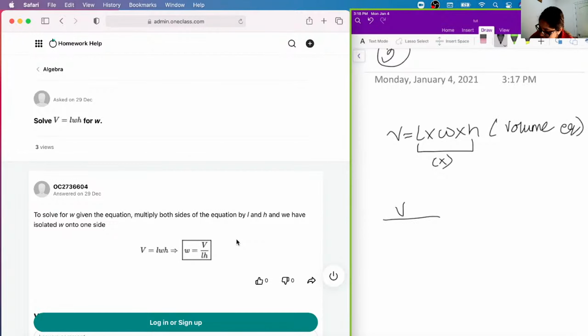So I'm just going to move the L, and if we move H, it's going to be down here too, and you have W. And so we can basically say that W is equal to V over L times H.